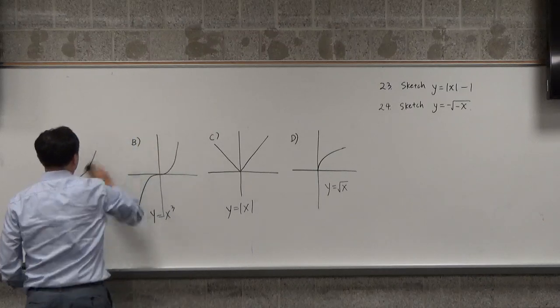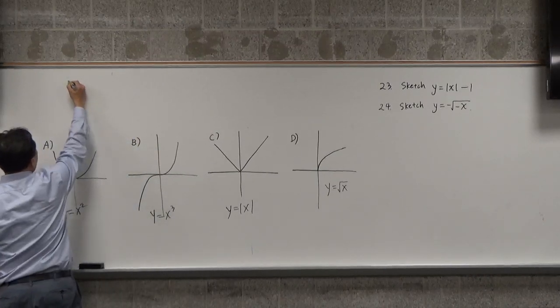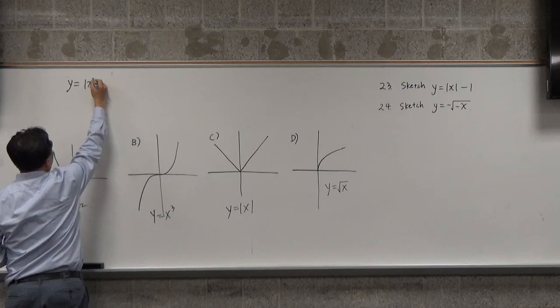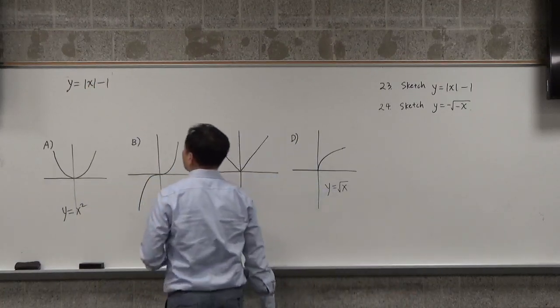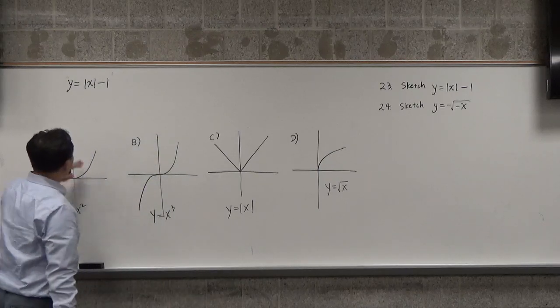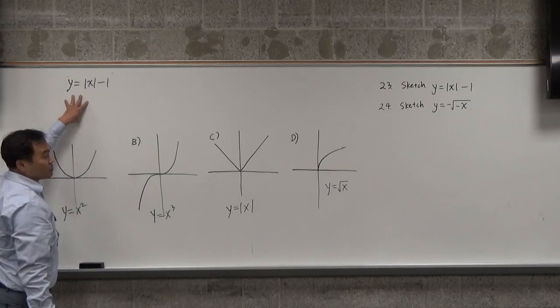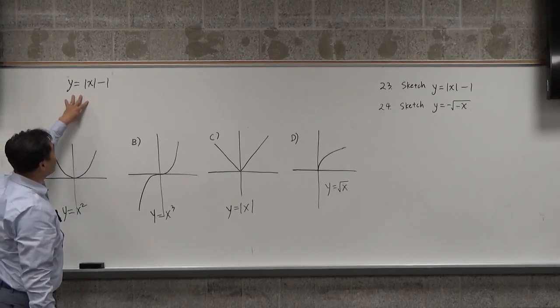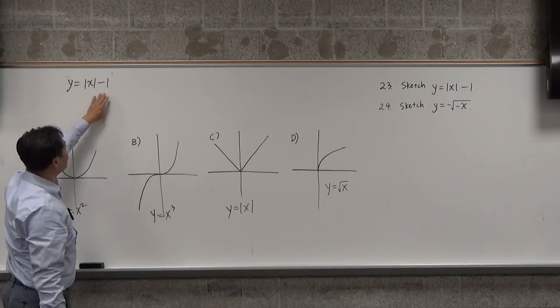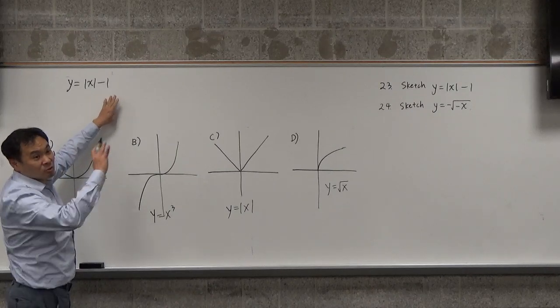Number 23 says, I have to draw the graph of y equals absolute value of x minus 1. Right? That's what it says. Now, when you're asked to draw a graph, it's important to think about the prototype of the function, which is like the function before it was transformed.